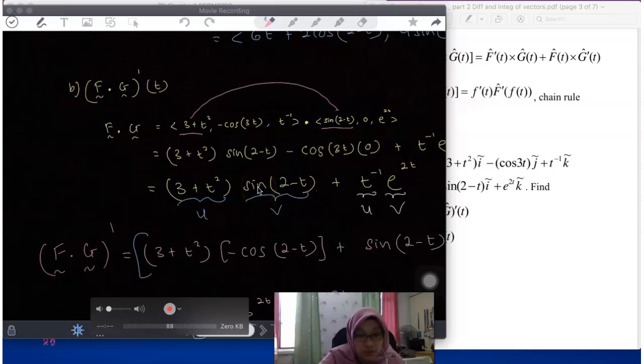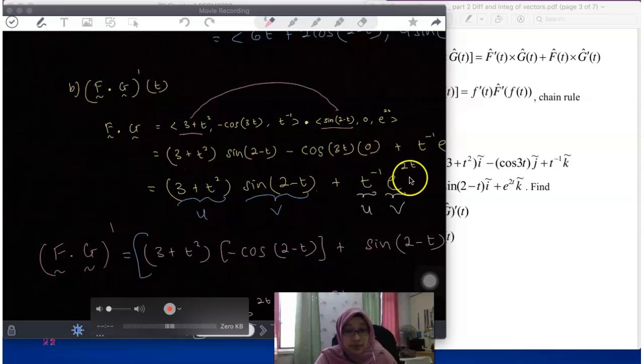The outer function gives cos, multiplied by the derivative of the inner, which is minus 1. That is why we have a negative sign here. That is the derivative of the first term.